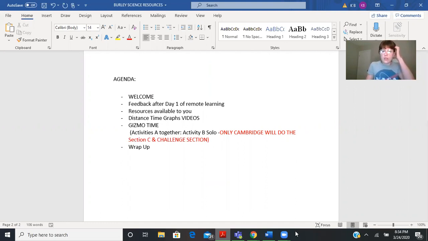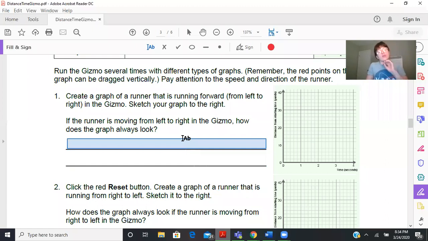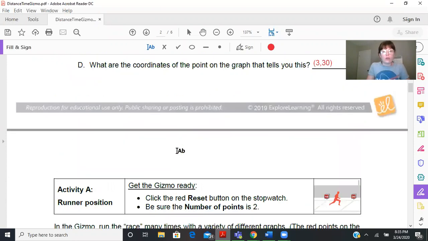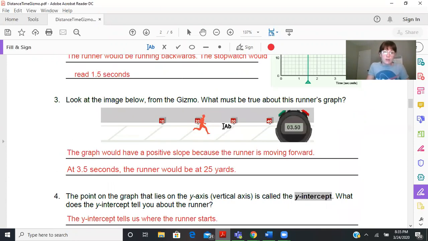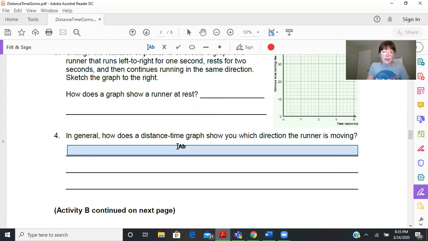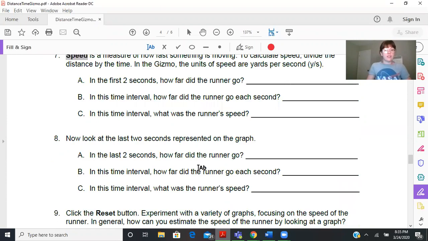It says that you need to take pictures with your camera. You can just write it on there. You don't need to take the pictures of the camera. So your job to do by yourself is activity B. You can use the video I showed you. You can use what we did together. You can replay this video as many times as you need, but you are doing activity B by yourself. And then Cambridge will do activity C.